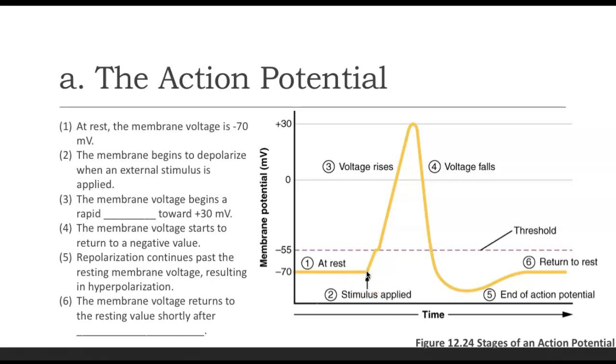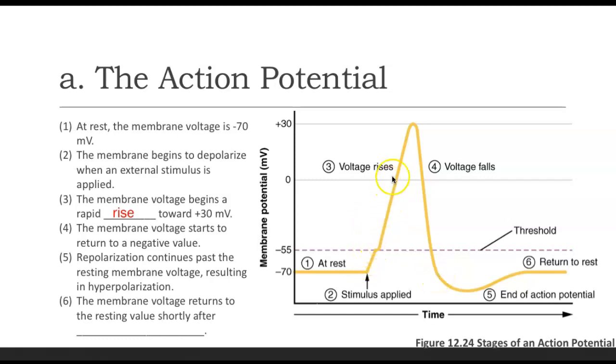At that point, we'll see that the membrane will begin to depolarize a little bit. The membrane voltage is going to reach threshold, and then we start to see a rapid rise toward positive 30 millivolts. Then the membrane voltage is going to start to return back to its negative value, so we're trying to get back to that resting membrane potential.